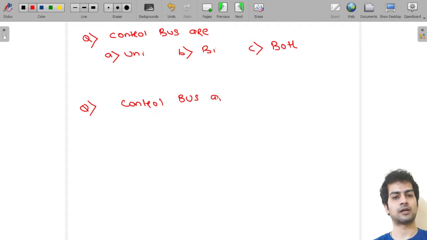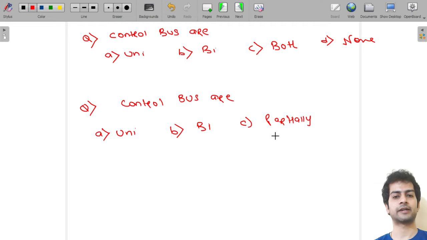Control bus are, also write this. Here control bus are uni, bi, partially bidirectional, D is none.